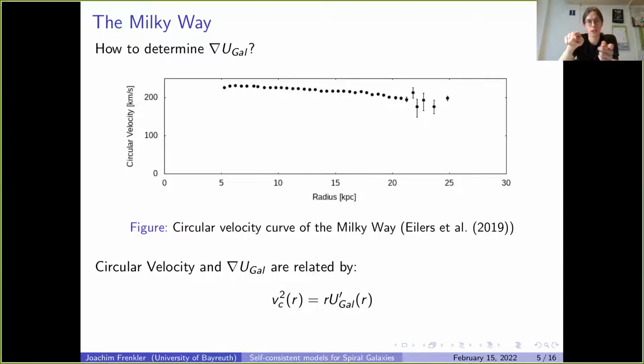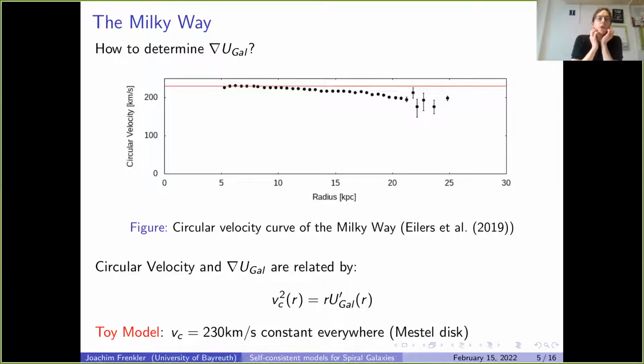It's slightly decaying, yes, but it's almost perfectly flat in this region. So it's worth to study first a toy model where we assume a perfectly flat circular velocity curve everywhere. So the circular velocity is constant from radius r0 to radius infinity.